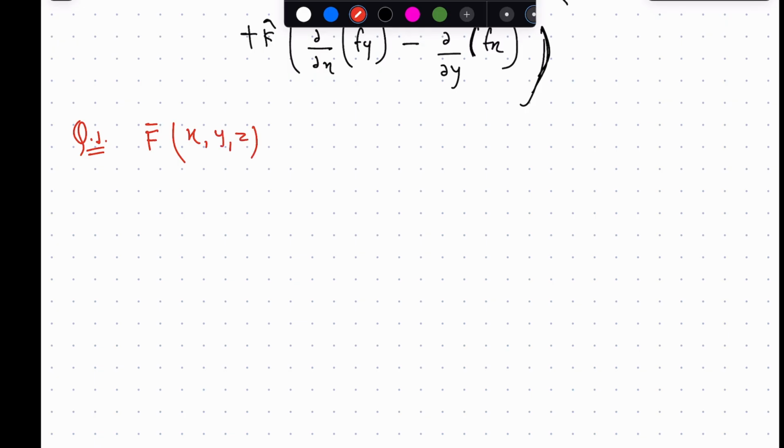The x, y, z components are: the x component is 2xy, the y component is x square plus 2yz cube, and the z component is 3y square z square plus 2z. Okay, so these are the components. Now we need to find out whether it is a conservative field or a non-conservative field.